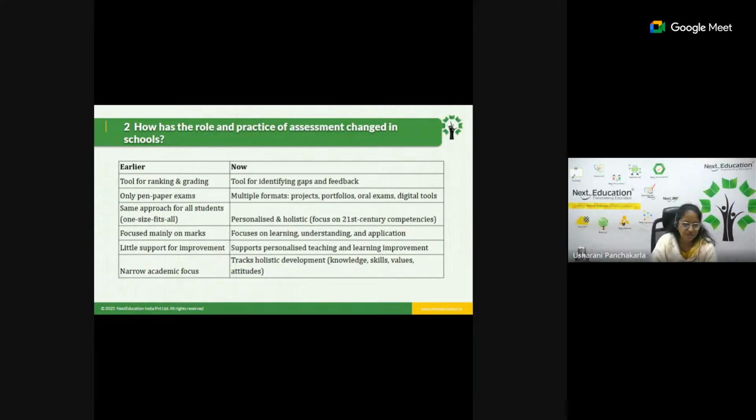And exposure to these practical skills also helps them build decision making skills and problem solving skills, along with whatever technical skills are required with respect to machinery or software, or soft skills like communication, collaboration, and teamwork, and even critical thinking when an unexpected problem has come into their system. So how do they sort it? Unless they have the practical knowledge, they will not be able to sort such unexpected problems. This is what we call problem solving skills. So these are all important, and that is where the competencies come into the picture.